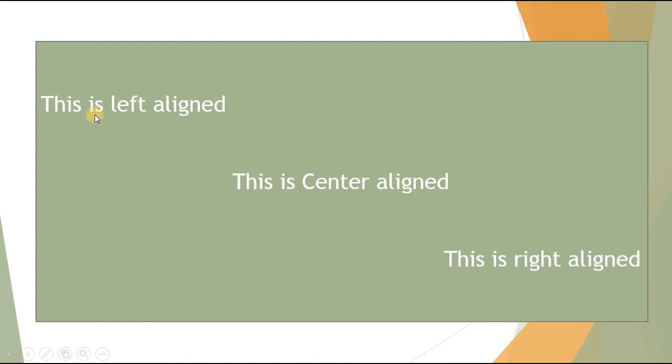The text we gave left alignment goes to the left side, the text we gave center alignment comes to the center of the page, and the text we gave right alignment comes to the right side of the page. This is how we used the align attribute.